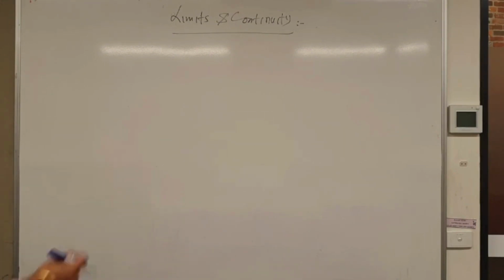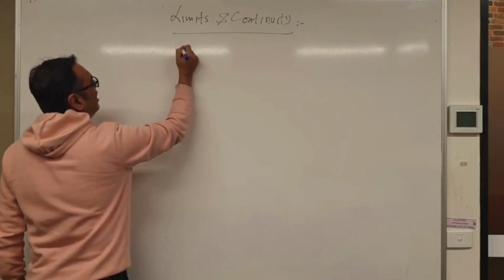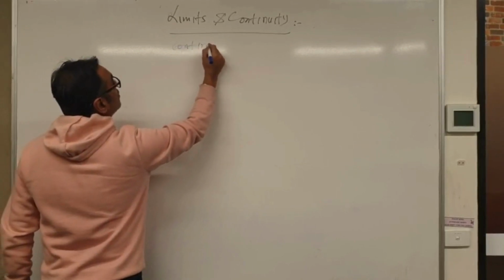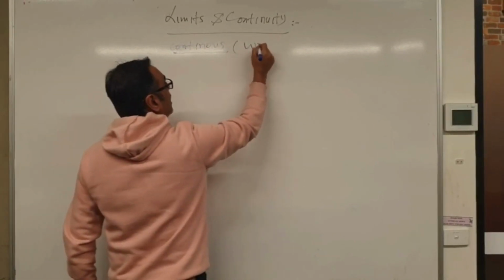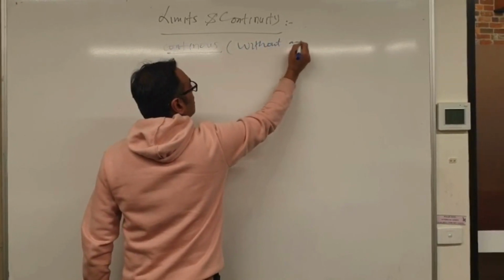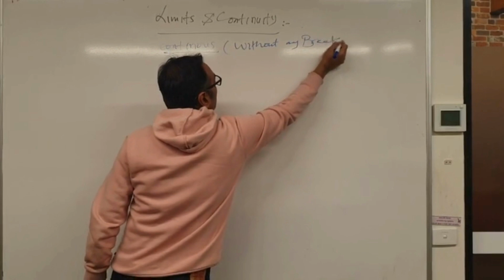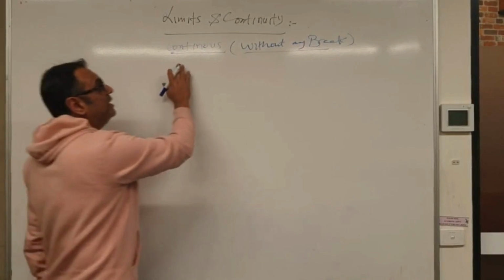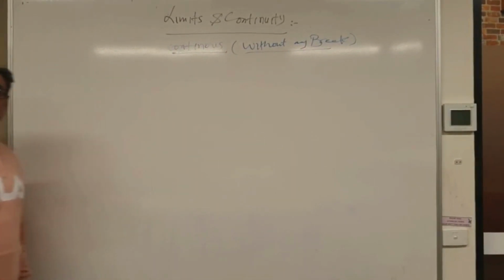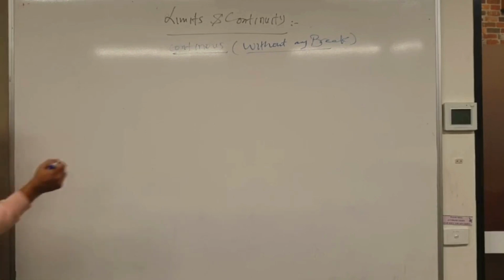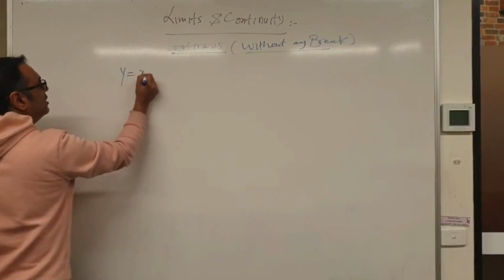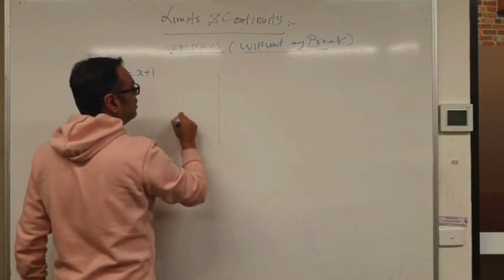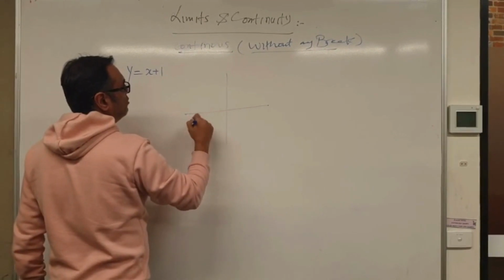Continuity means something which is continuous. Continuous means without any break. And we are talking about continuity or being continuous with respect to the graphs, with respect to a function. So for example, y equals x plus 1 would be something like this.